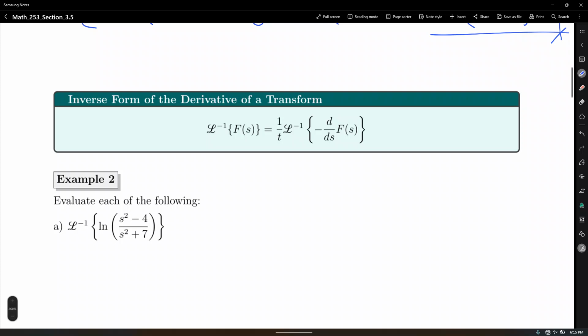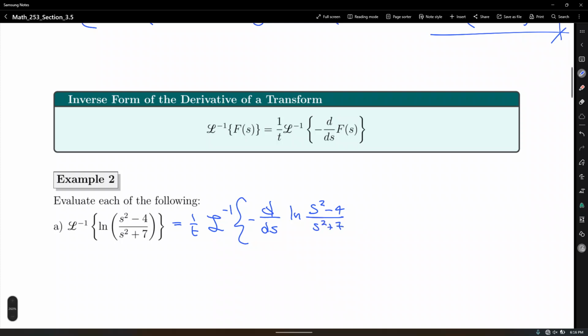We don't have any. However, it requires a little trick here, which is using the inverse form of the derivative of a transform. So this is what we're going to do. We're going to multiply by 1 over t, and then we're going to take the inverse transform of negative, well, the derivative with respect to s of all this madness here, of this function of s, ln of (s squared minus 4) over (s squared plus 7).